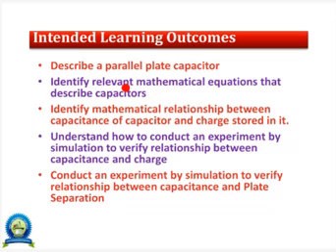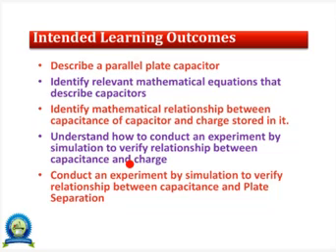You should be able to describe what a parallel plate capacitor is. You should be able to identify relevant mathematical equations that describe capacitors. You are also expected to identify the mathematical relationship between the capacitance of a capacitor and the charge that is stored in a capacitor.